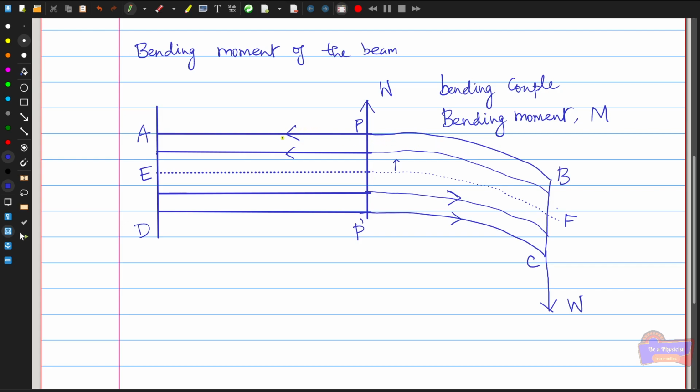That is what the arrow mark is showing, that it is pulling towards the fixed end. On the other hand, below this neutral axis EF, the beam is contracting, and this state of compression exerts an outward push, so it is pushing the beam outwards.